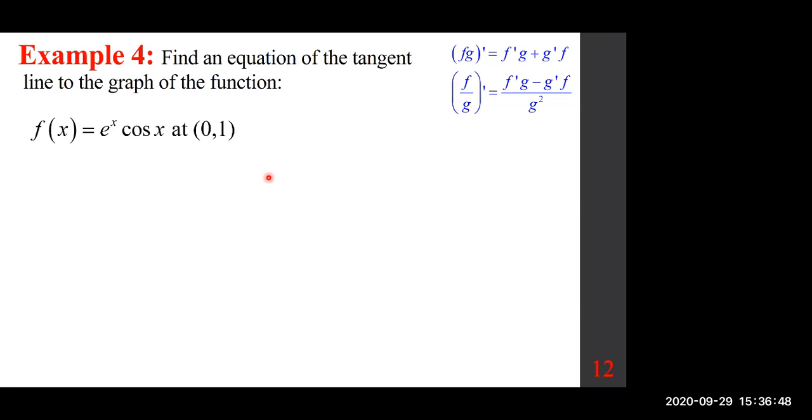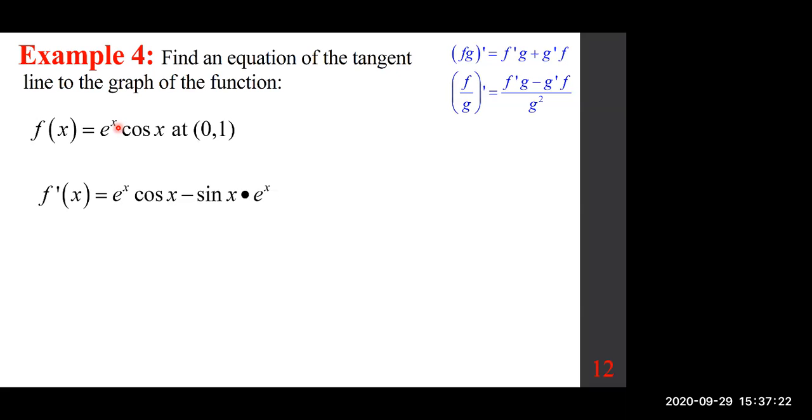Now, the next thing is to find the slope. To find the slope, you need to differentiate. And to differentiate, it's the product rule. So it's a product of e to the power of x and cosine x. So e to the power of x gives you e to the power of x times cosine x, plus cosine gives you negative sine times e to the power of x.